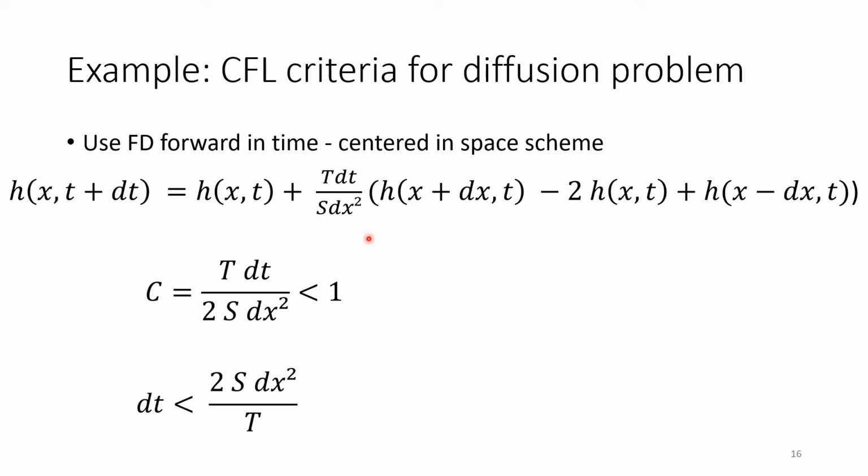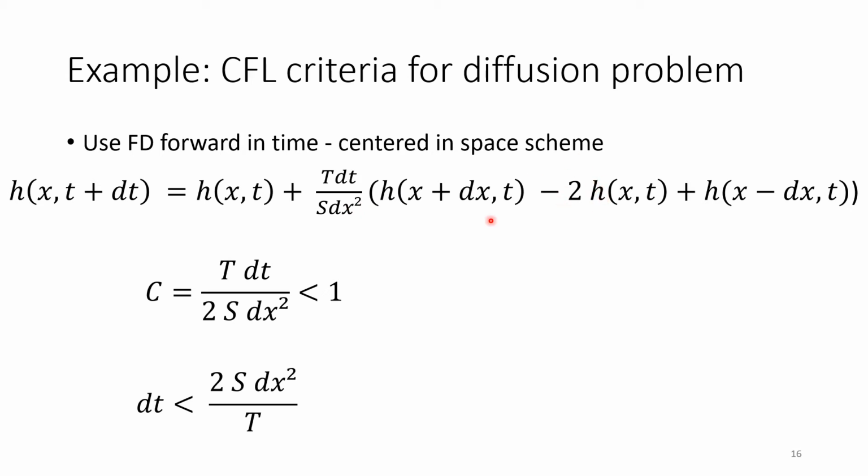I have the same problem as I had a couple of slides before, the groundwater flow, here in the explicit formulation. So we have this construct here. This term over here, which is transmissivity and storativity, multiplied by the time step, and here note that it's dx squared because we have a second order derivative.